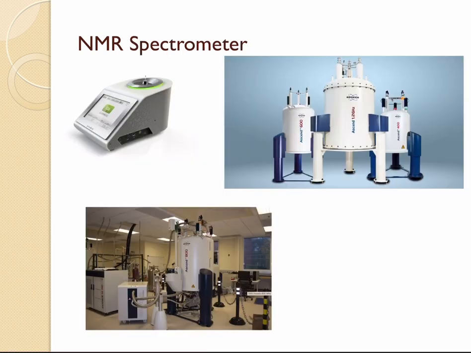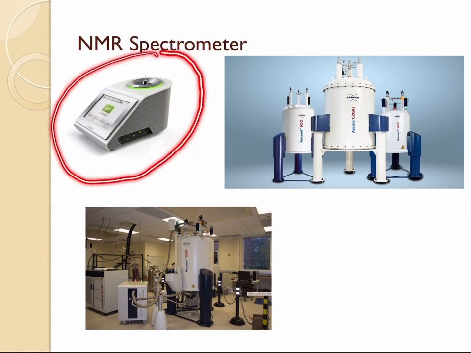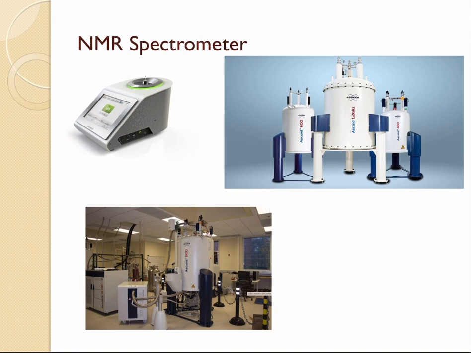Here are some NMR instruments which operate at different operating frequencies. The one that you see on the top left is a tabletop NMR spectrometer, which is generally present in an undergraduate laboratory. And here are some sophisticated NMR spectrometers which operate at a very high operating frequency.